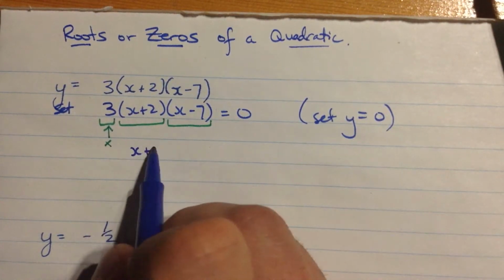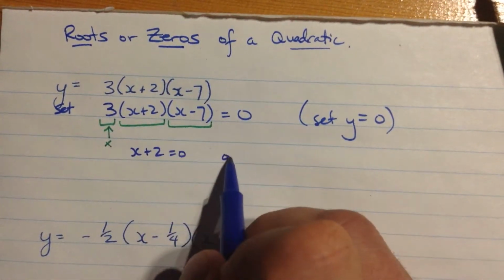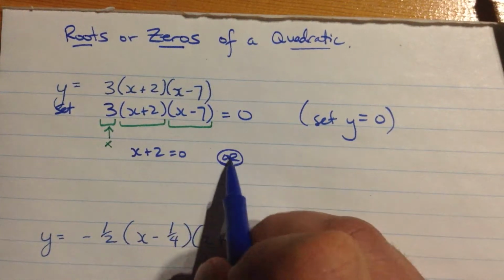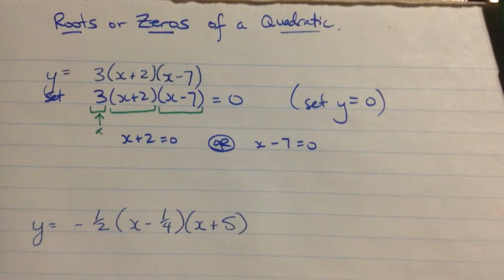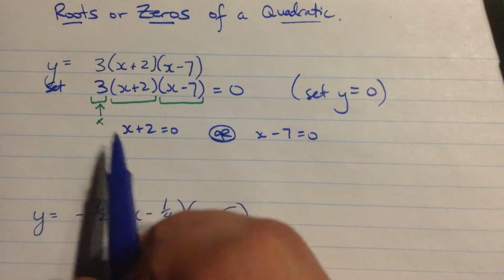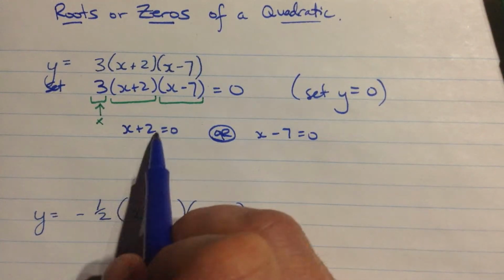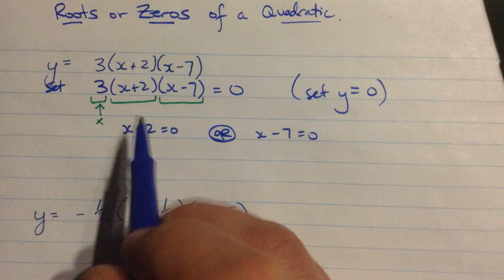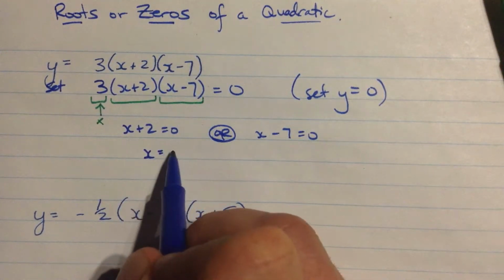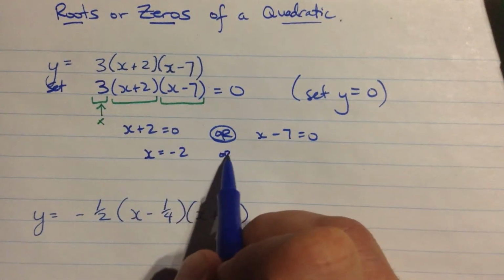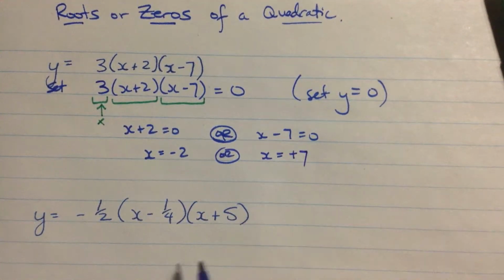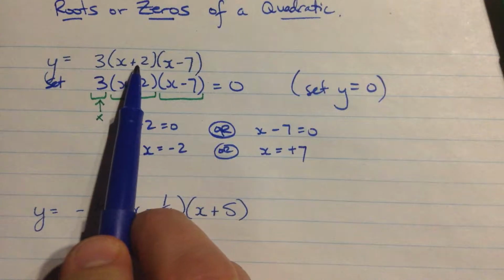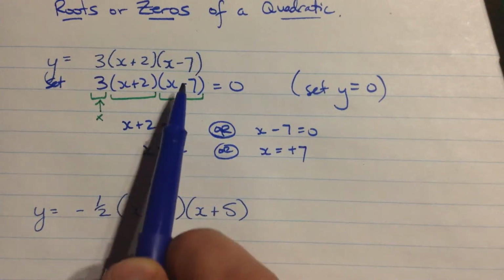So x plus 2 equals 0, or x minus 7 equals 0. One of those 2 things. Maybe both. Well, not both at the same time, because if I rearrange this, subtracting 2 from each side of the equation, I'll get x equals negative 2, or x equals positive 7. Now looking at my original equation here, you can kind of see where those numbers come from.